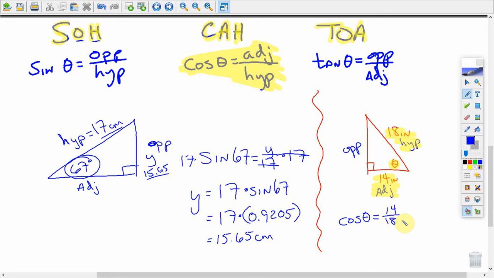Now recall that to find an angle, we're going to use our inverse trig functions. So theta equals inverse cosine, and that's usually the button right above cosine on your calculator, of 14 over 18.